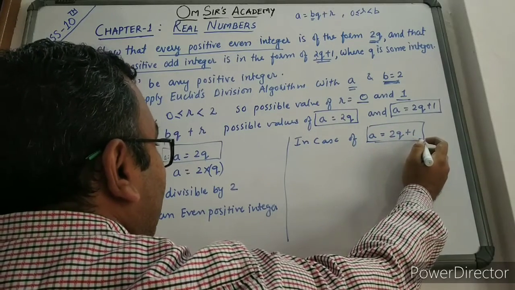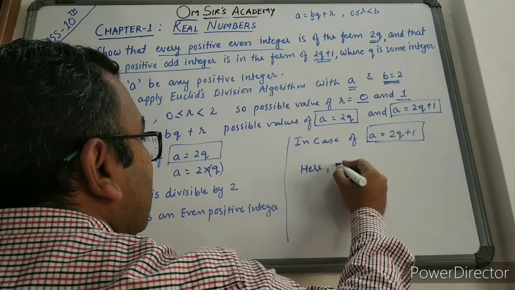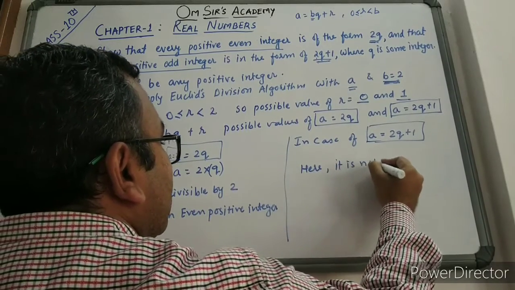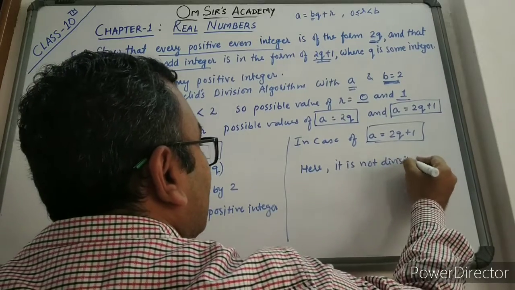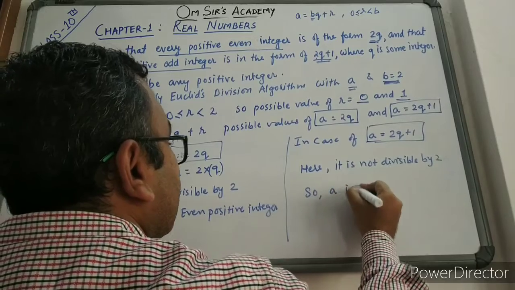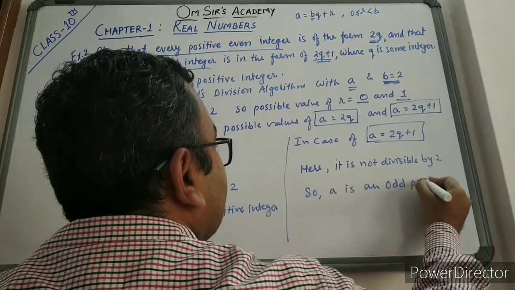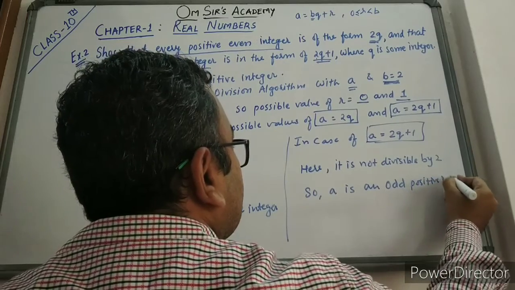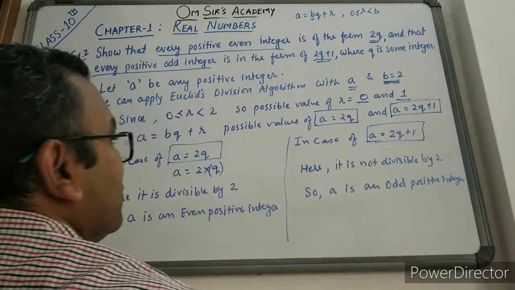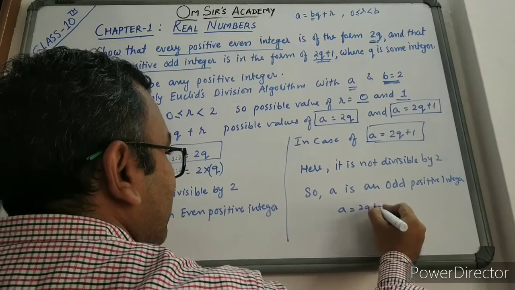No. So here it is not divisible by 2, or we cannot take out 2 as a common. So a is an odd positive integer.